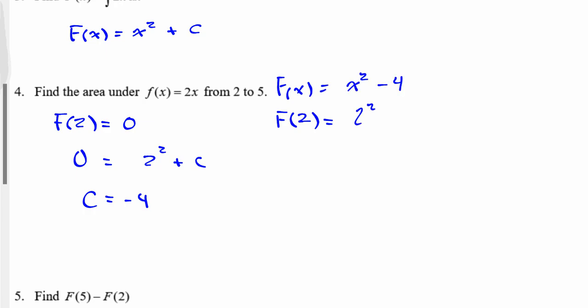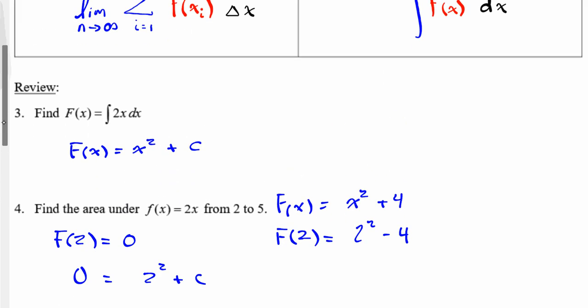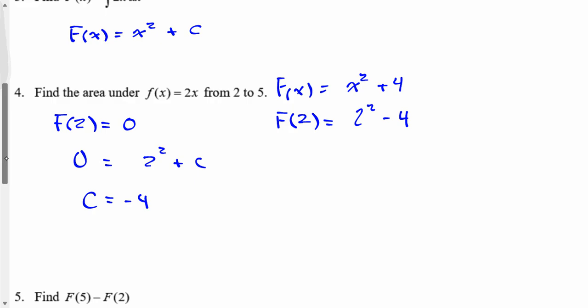So this will be 2 squared minus, plus, what did I do? Oh, f of 5. F of 2 should be 0. That's a good thing. Oh, man. I think I should just quit, go to bed, and you can just teach yourself the rest of this lesson. Oh, man, one of those days. Whew.